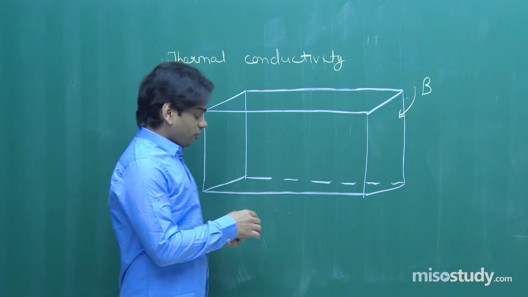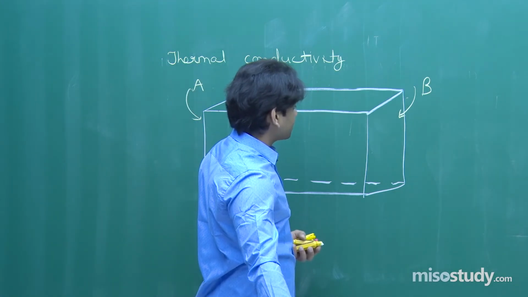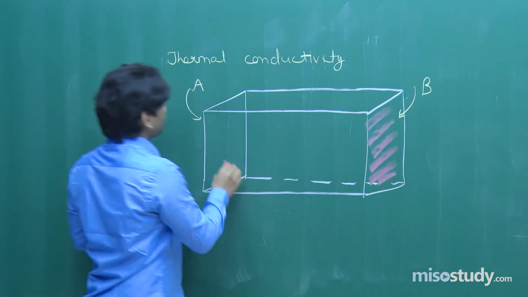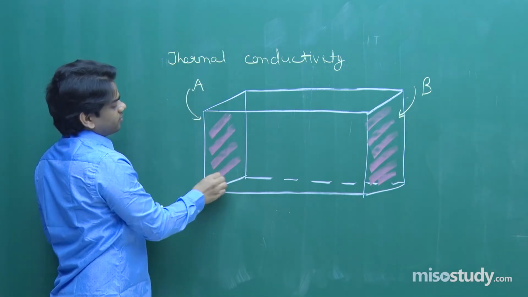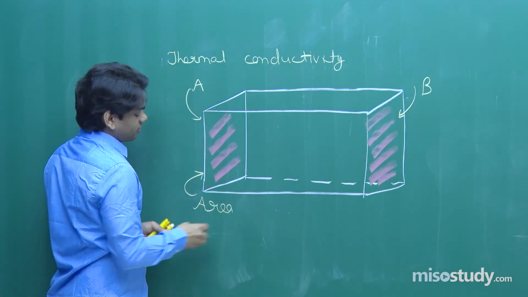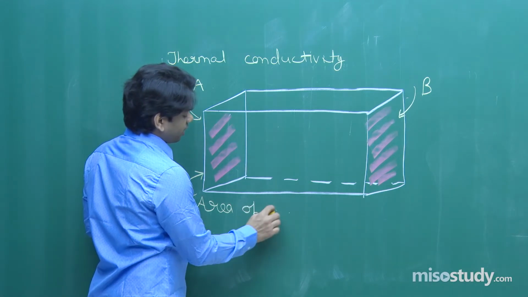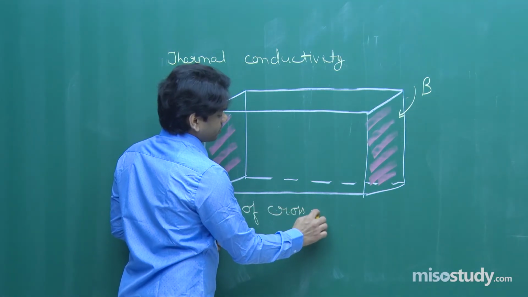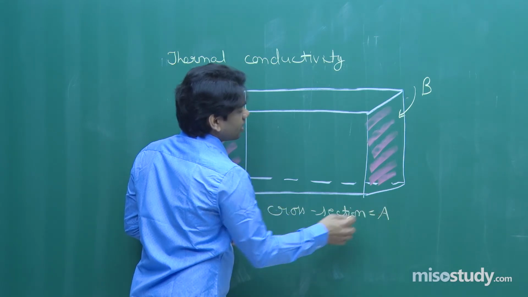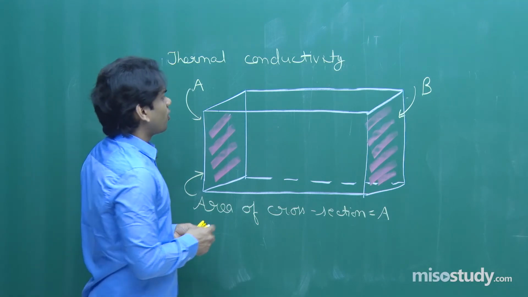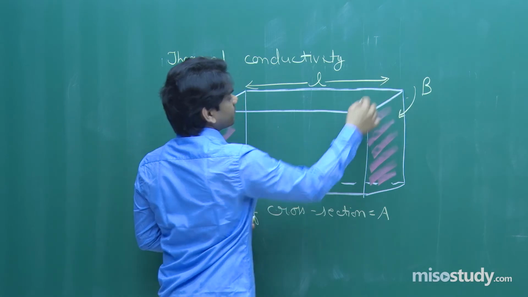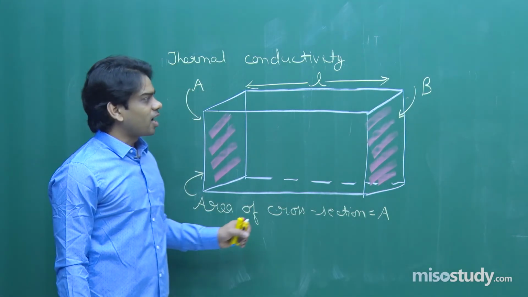Let's say the area of cross section of its face is kept constant, and this is given as A. A is the area of cross section that we have here. Now let's say the length of this object that we have taken is L. These are the dimensions that are provided to us.